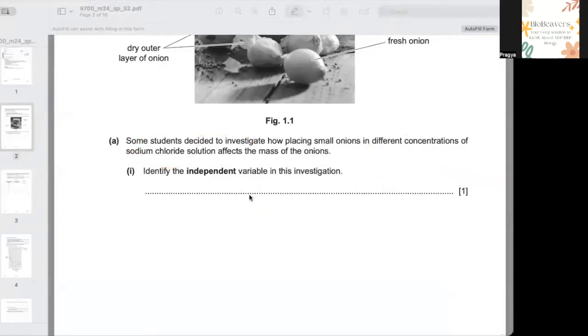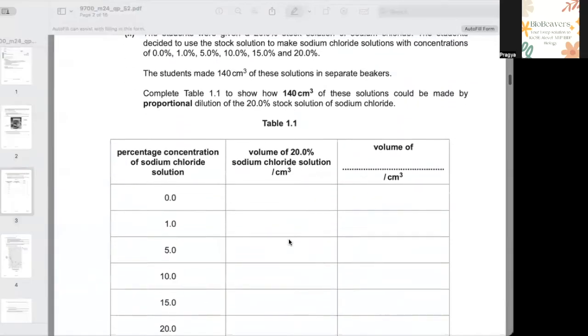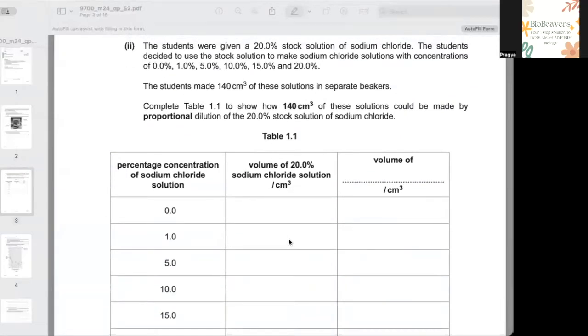The next part of the question is the table question. They've already made the things bold for you, which they think are clearly very important. If you remember from your AS concepts, this is the concept of proportional dilution.